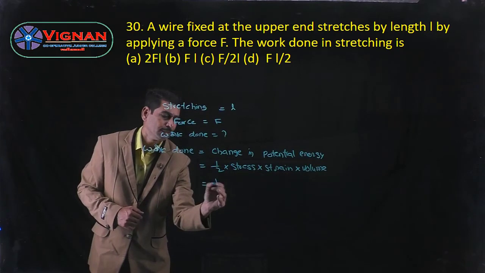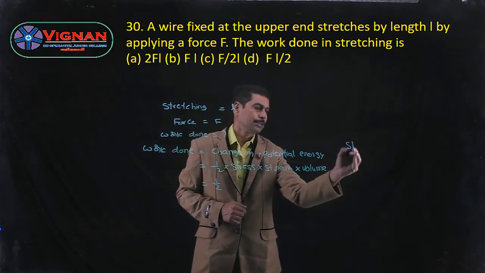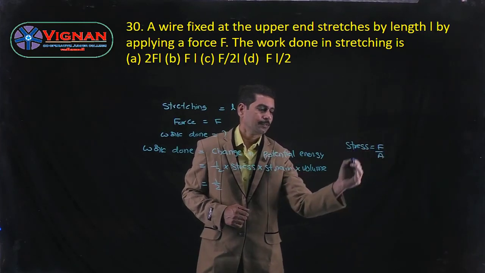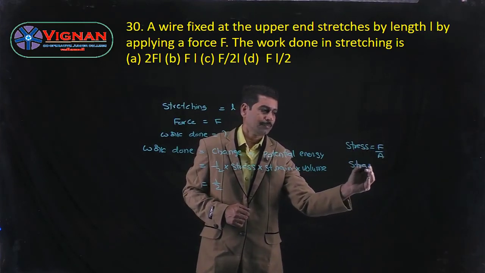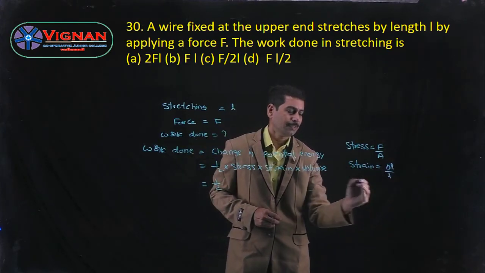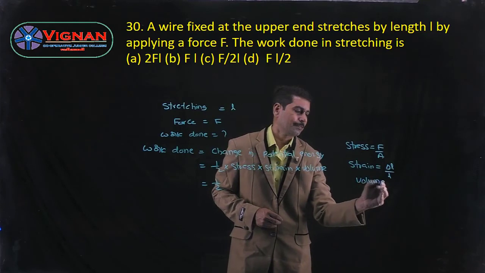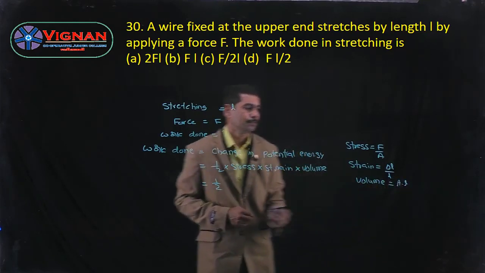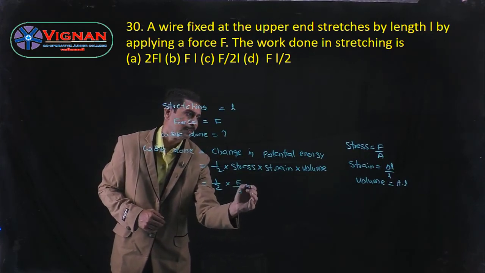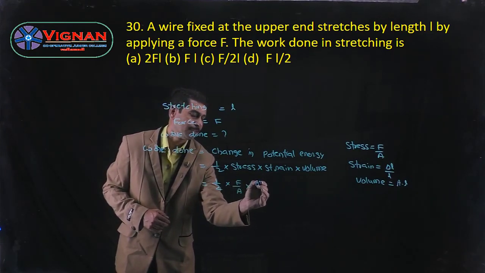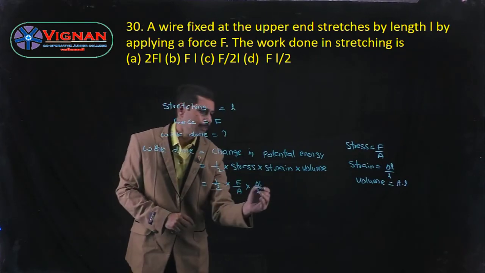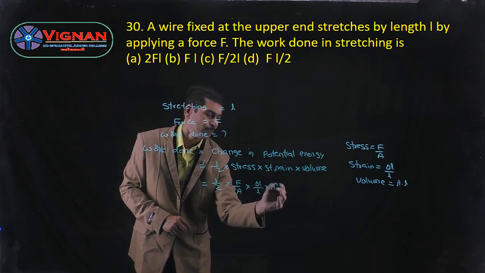We know stress is nothing but force by area, strain is nothing but delta L by L, and volume can be written as area into length. So half into force by area, into delta L by L, where delta L is given as L, into area into length.